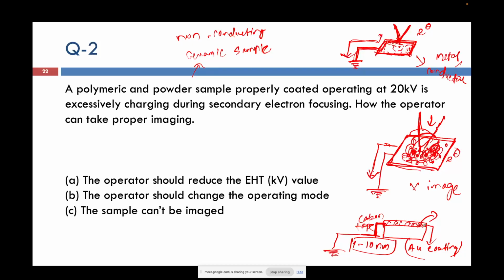But still this condition comes, then what will be the answer? The operator should reduce the EHT. EHT refers to electron high tension. The operator should reduce the EHT value, the operator should change the operating mode, the sample can be imaged. Which one will be the correct answer? Can any one of you guess?